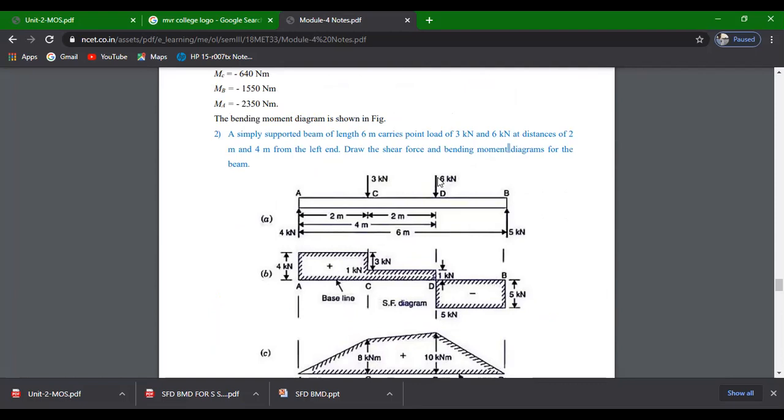We are considering the 3. This is the negative side, and previously it was positive 5 kilonewtons. Positive 5 kilonewtons and the negative 3 kilonewtons, it could be the value of 2 kilonewtons.